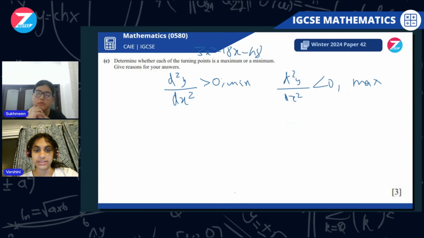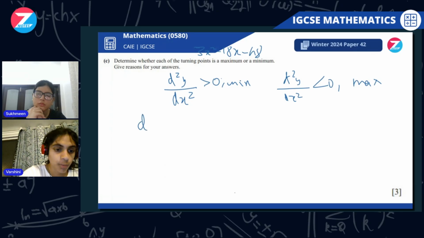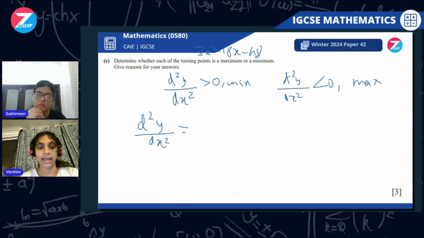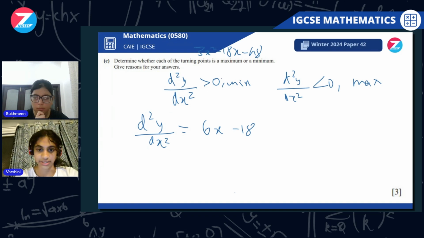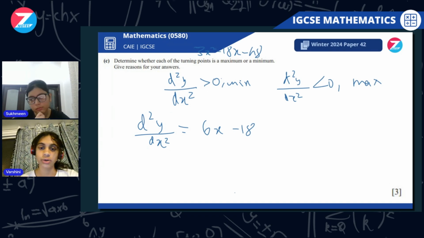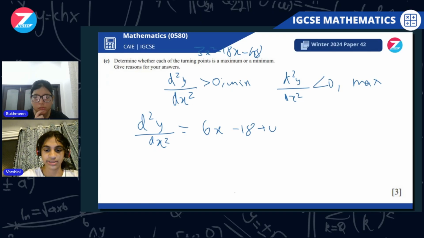So we write d squared y by dx squared equals 2 into 3, which is 6, and x to the power 2 minus 1, which is just 1, so it's 6x, and then minus 18 into 1, and there's no x because it becomes x to the power 0, which is 1. And for any term independent of x, the derivative is 0. So we can add plus 0, or just leave it.